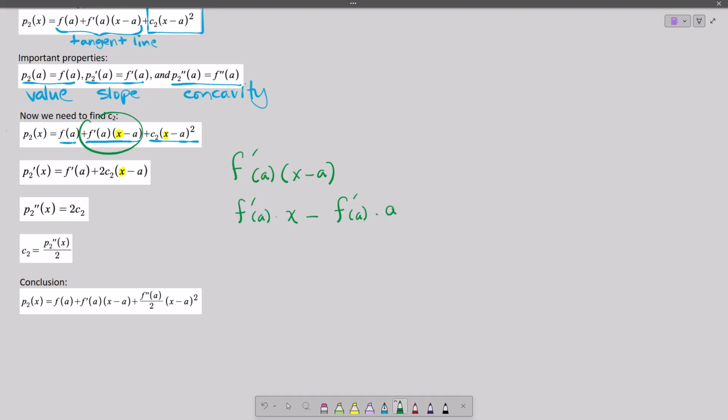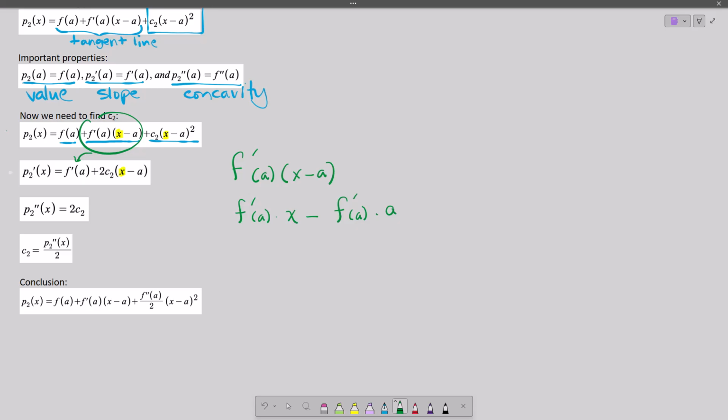F prime of A and A are constants, so what's the derivative of this part? 0. This is linear. What's the derivative of this whole term right here? F prime of A. It's the number in front of x. If you have 5x, the derivative is 5. If you have 10x, the derivative is 10. If you have random constant times x, the derivative is random constant. So that's what this is. Right? This is the derivative of this middle term.